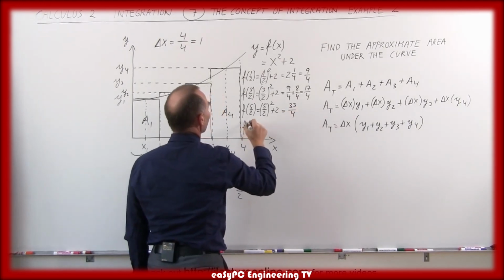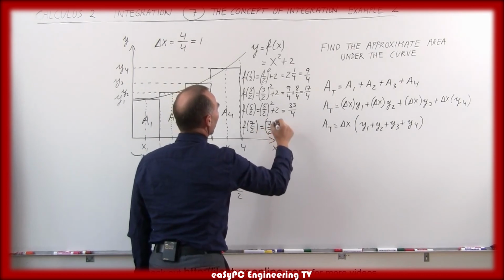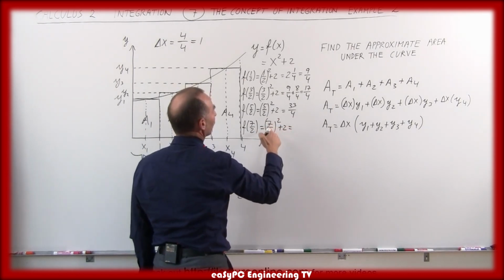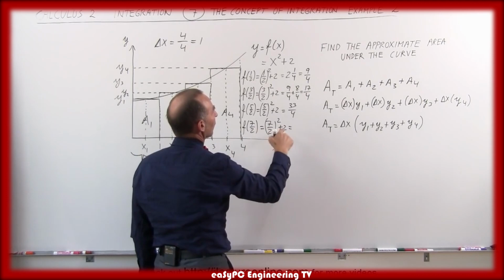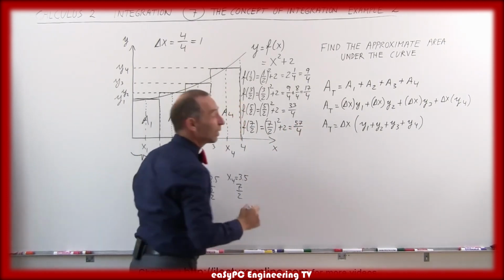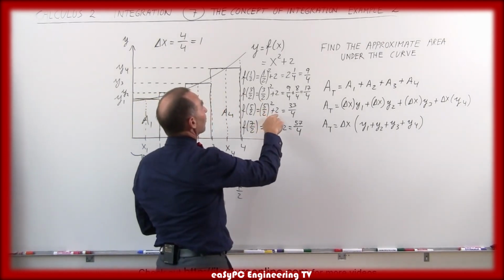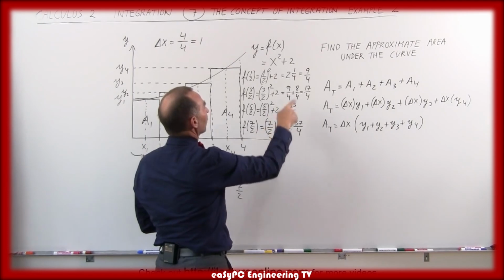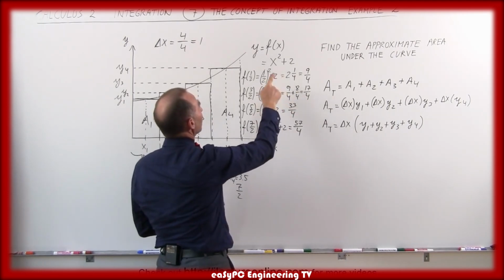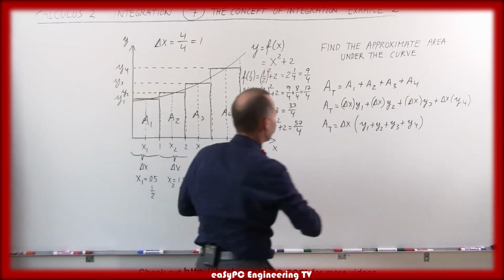And finally, the function evaluated at 7/2 is equal to 7/2 squared plus 2, which is equal to 49/4 plus 8/4, that would be 57/4. Quickly checking to make sure I did this correctly. 25 plus 8, 33, 49 plus 8, 57, 9 plus 8, 17, and 1 plus 8 is 9. Okay, that is correct. Now let's plug in the values to see what we get.